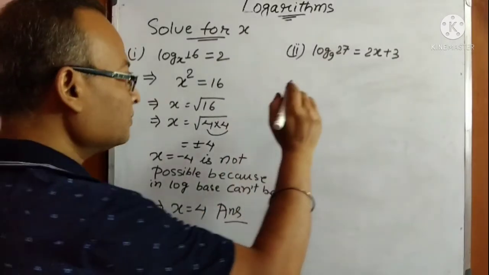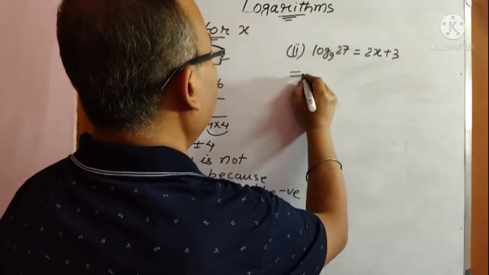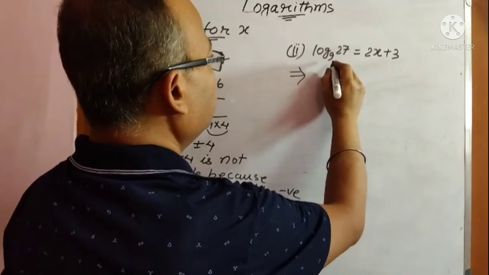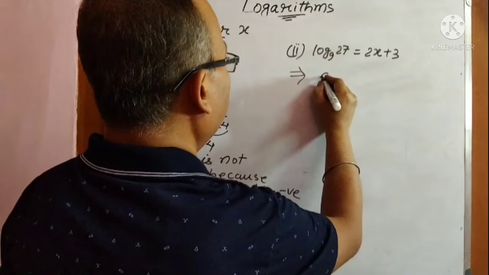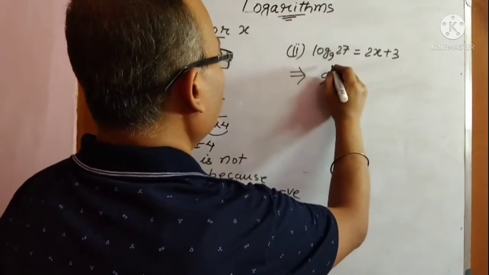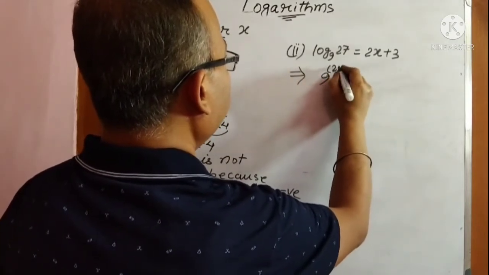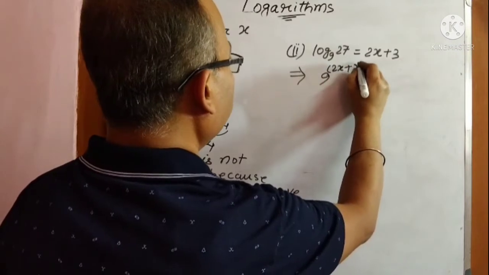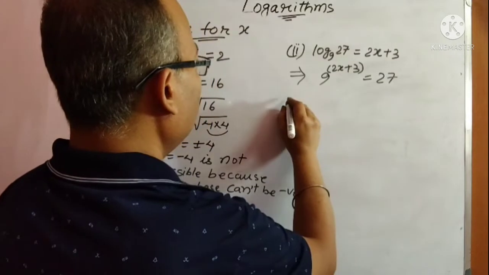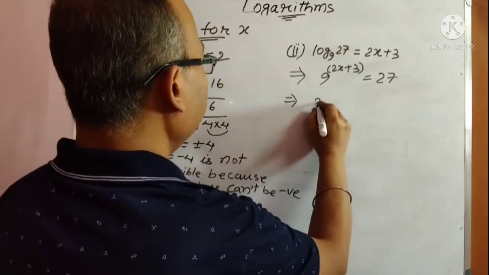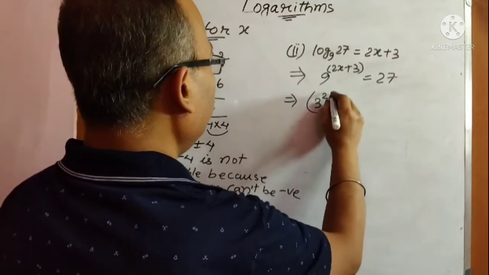Come over here. So here log 27 to the base 9 is equal to 2x plus 3. So we will write 9 to the power, this will interchange, 2x plus 3 is equal to 27. So 9 you can write 3 square. Clear?